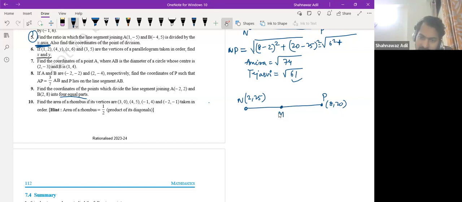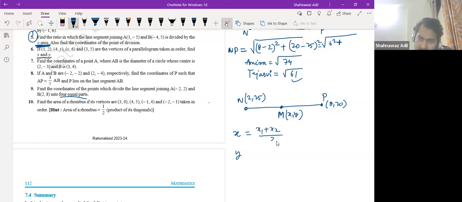So which formula will we use? Directly the midpoint formula, right? So what is the midpoint formula, Amira? X1 plus X2 divided by 2. Yes, absolutely correct.